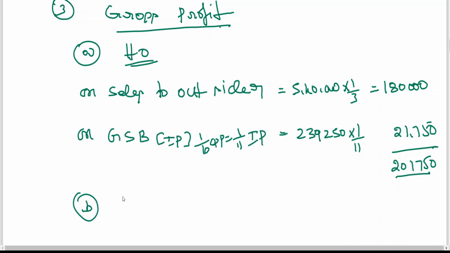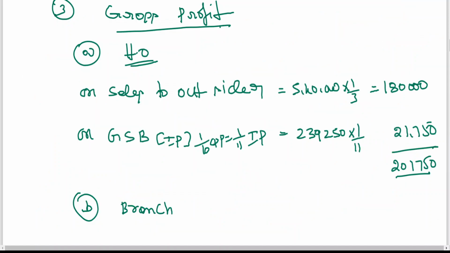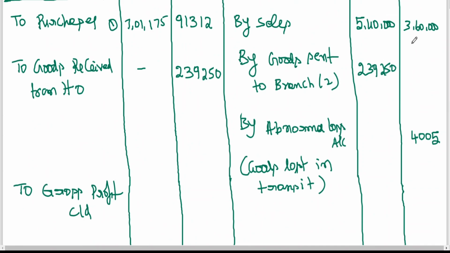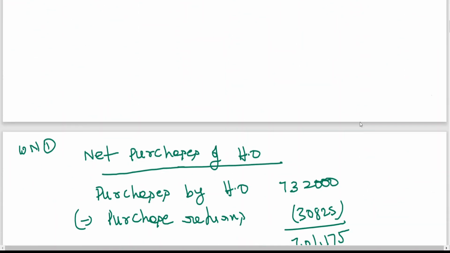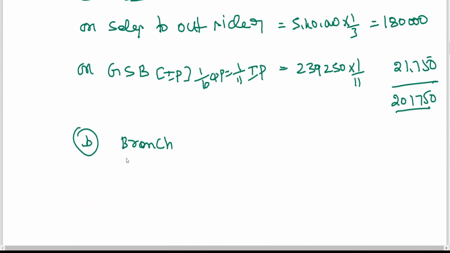Now the gross profit of branch, that also we have seen here. Branch sells at 25% profit on SP. What is sales by branch? We have seen here 3,60,000, into 25%.